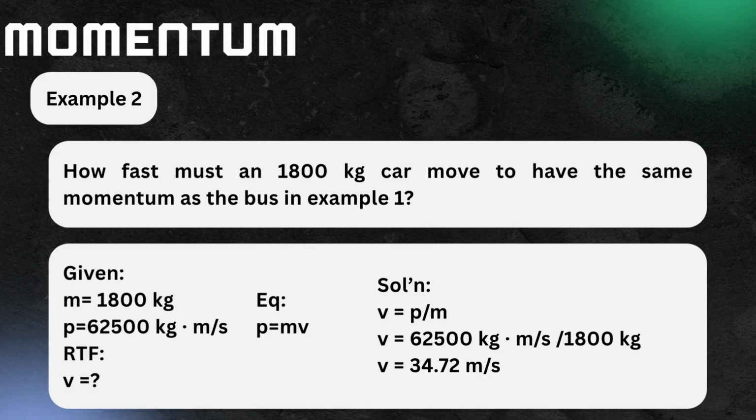This example illustrates how changing mass and velocity can produce the same momentum, reinforcing the relationship between these variables. We note that as the momentum increases, the velocity also increases. The velocity and momentum are directly proportional.